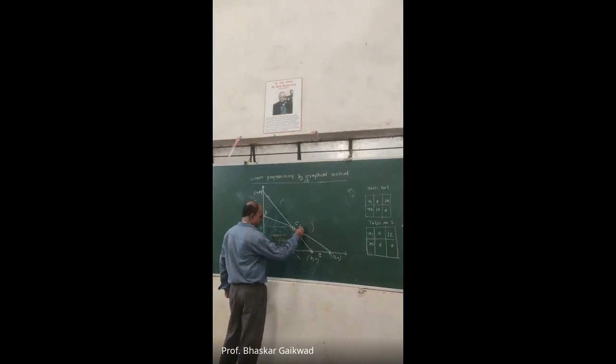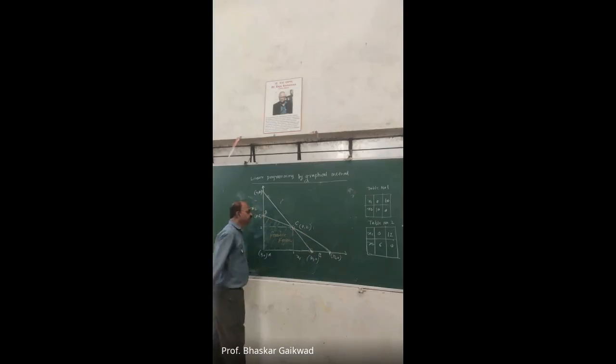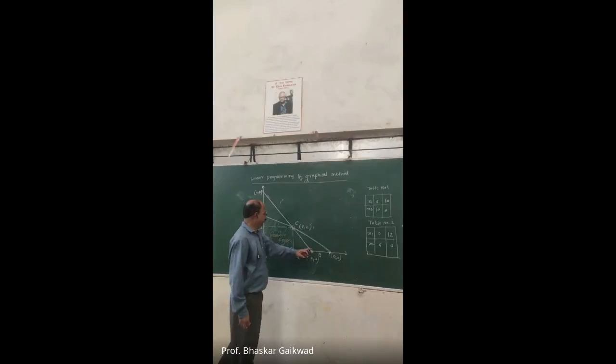Here we require a graph. So here it should be 8 and here 2, so here it is 8, 2. So A, B, C, D, 4 points are there, and within this is the feasible region. Correct?